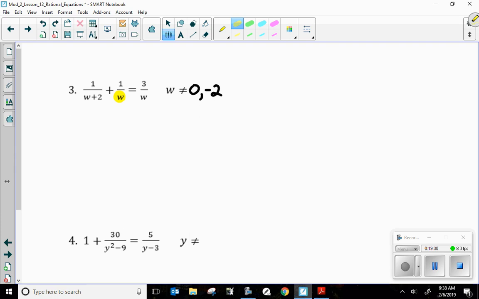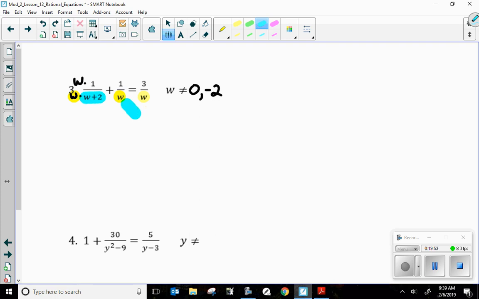I have a W here. I have a W here. Wouldn't it be nice if I had a W, bang, right there? Yes. So I'm just going to multiply the bottom times W. What I do to the bottom, I must do to the top. Now, what about this W plus 2? I have a W plus 2 here.